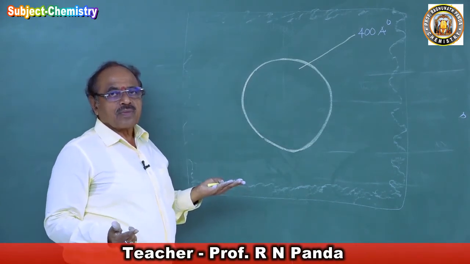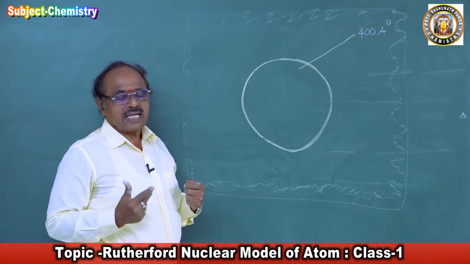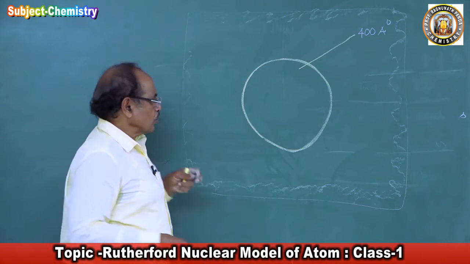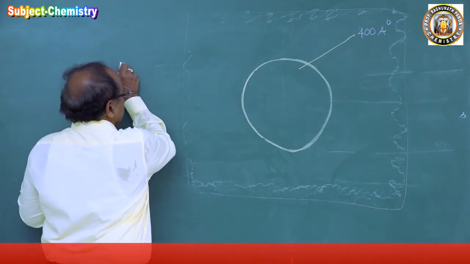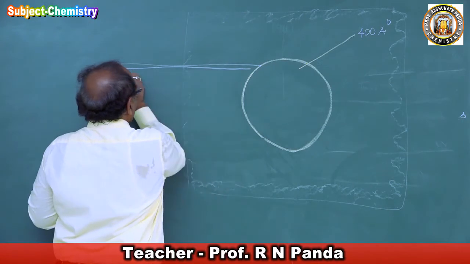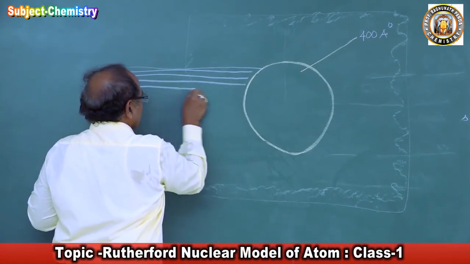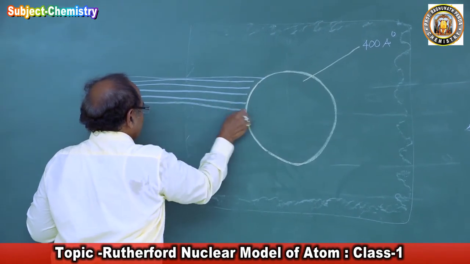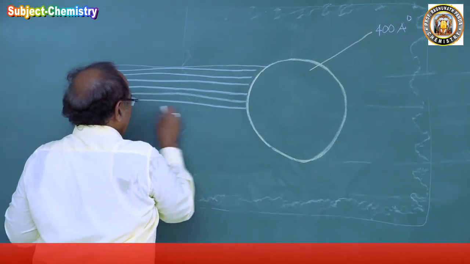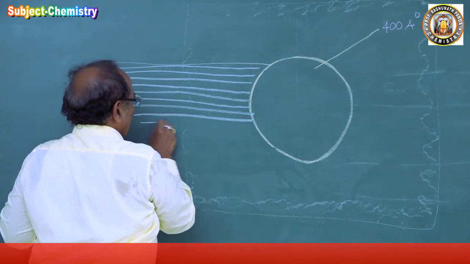That is called the scattering experiment of alpha particles. These alpha particles were moving with very high velocity, almost the velocity of light, and they were accelerated.